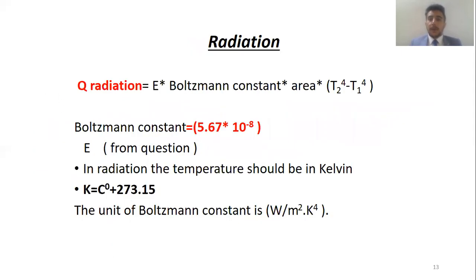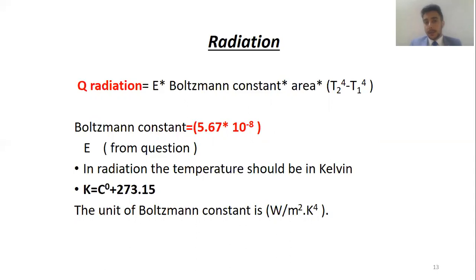Also, here we have the radiation. Radiation means the transferring of heat or energy by electromagnetic waves. So here we have the general law for calculating the heat transfer rate, which is emissivity multiplied by the Boltzmann constant.